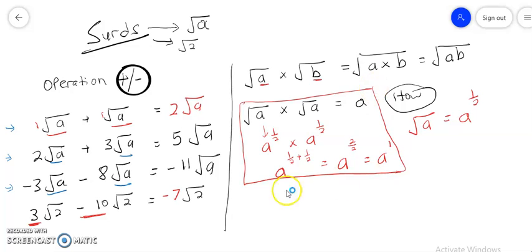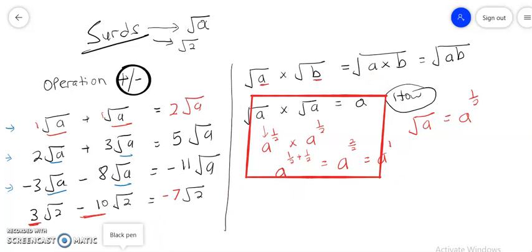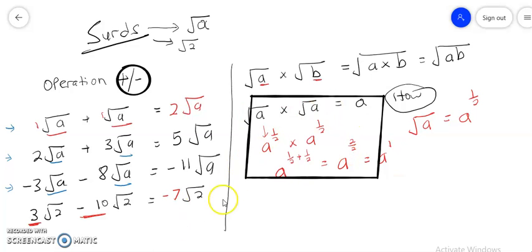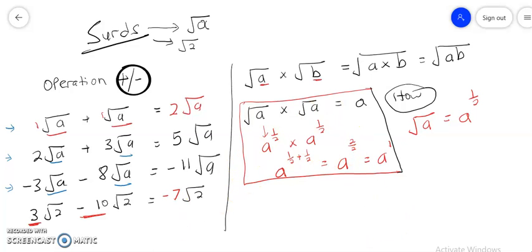Not only for algebra, but also for numbers. For example, square root of 5 multiplied with square root of 5 becomes 5.